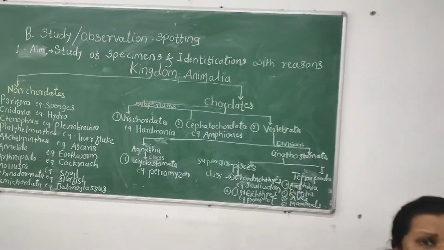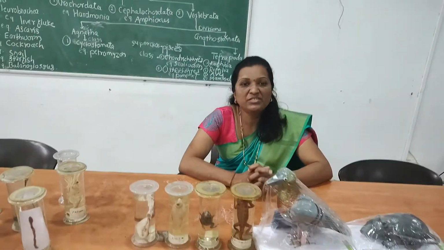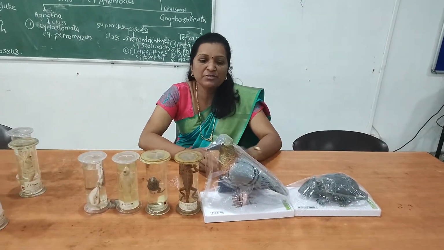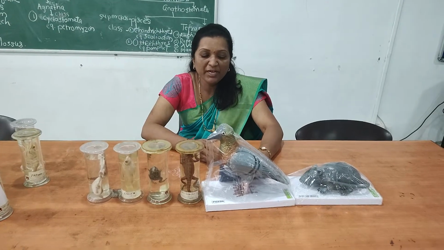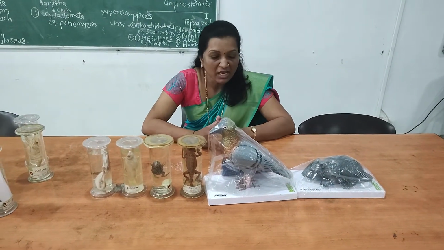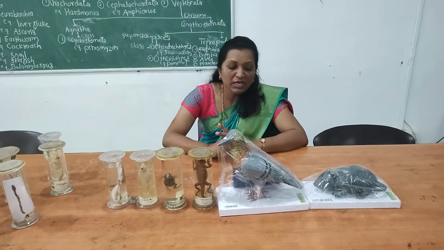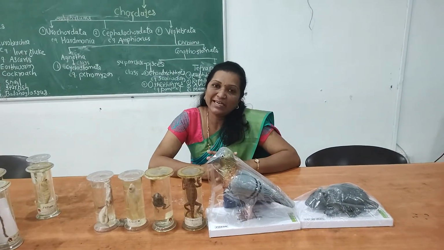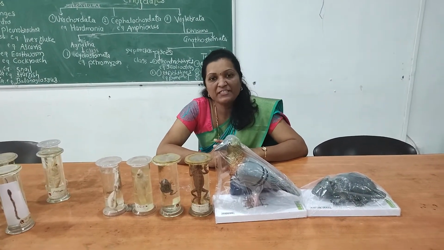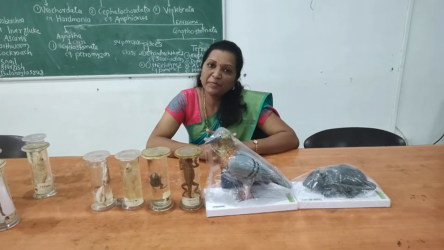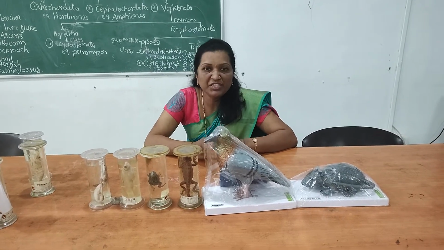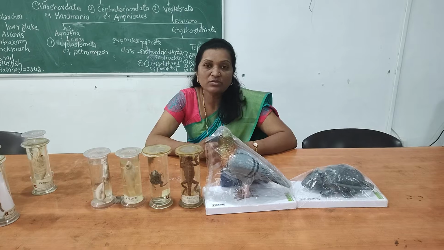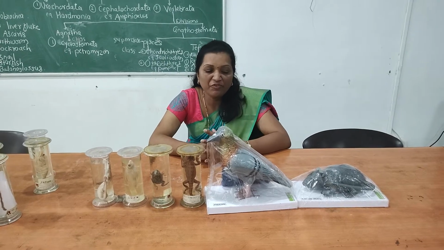Vertebrata is the subphylum in which the notochord is replaced by the vertebral column, and that's why they are called vertebrates. Another characteristic is that in vertebrates the brain is lodged in the cranium box. So these are some basic characteristics of vertebrates.